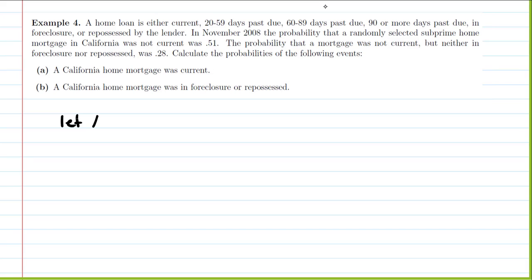So let's let A be the event the mortgage was current.